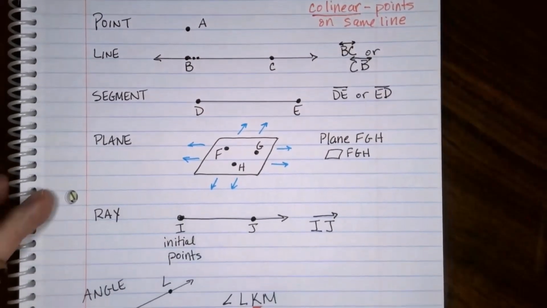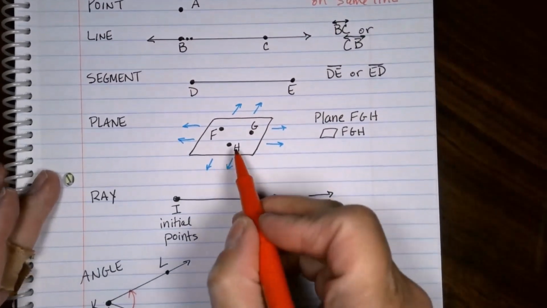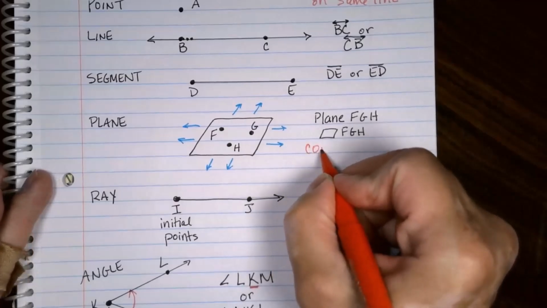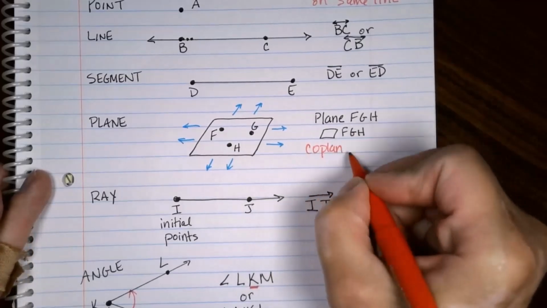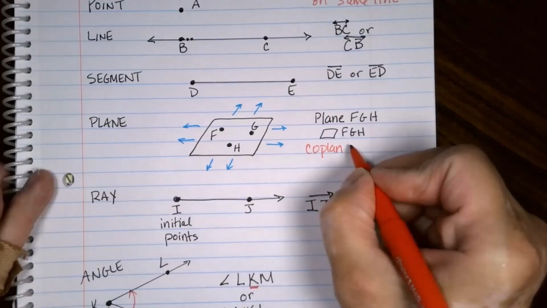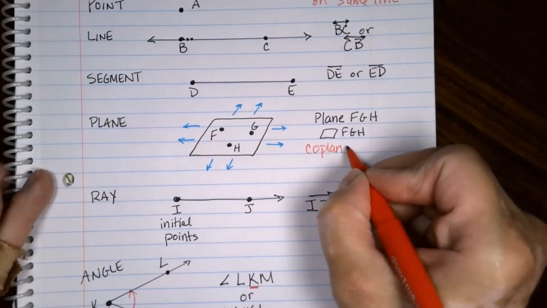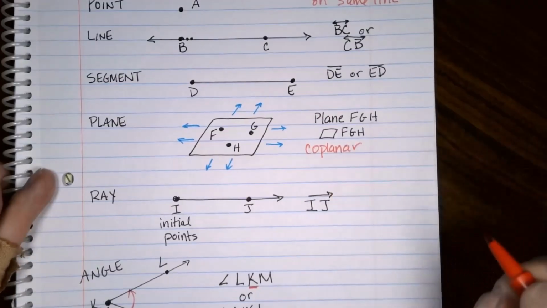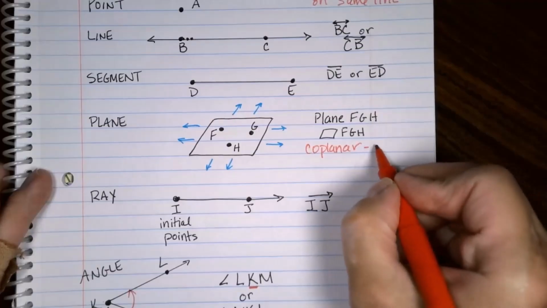And there's a word that's very much like that. It's called coplanar, which means, is it AR or ER? I told you I can't spell. We're going to go with AR. Coplanar. Points on the same plane.